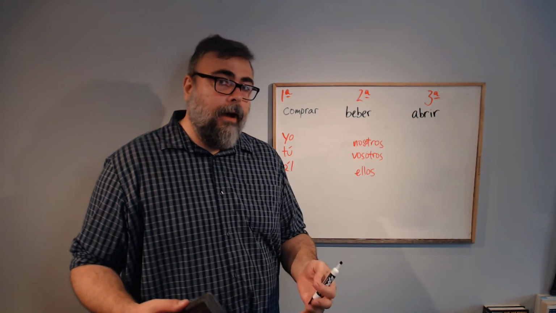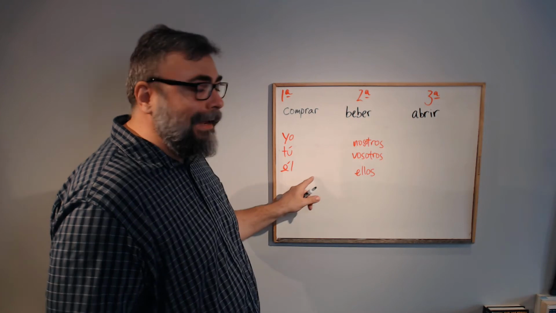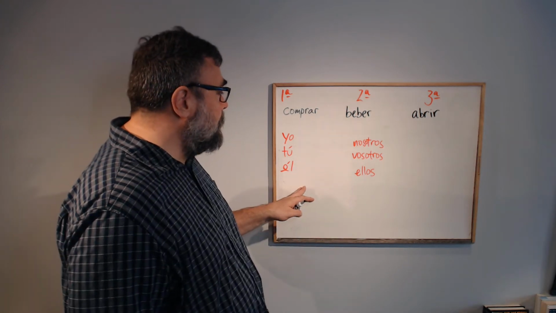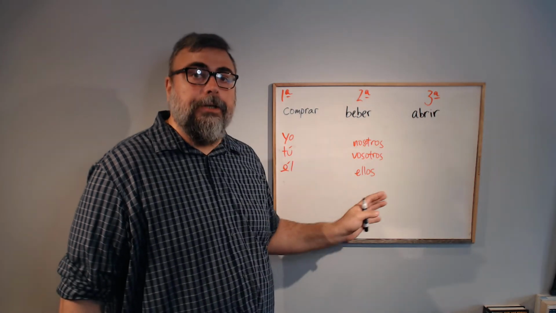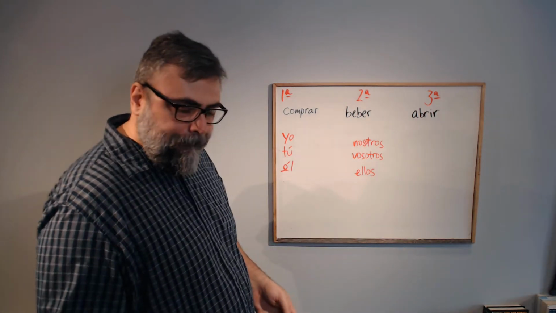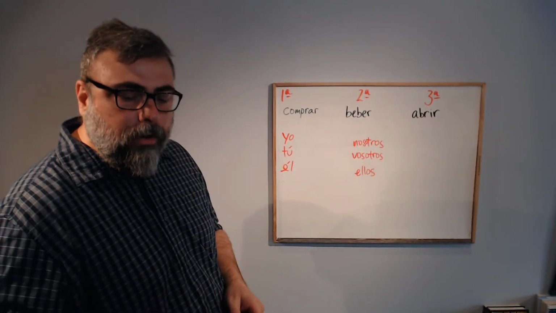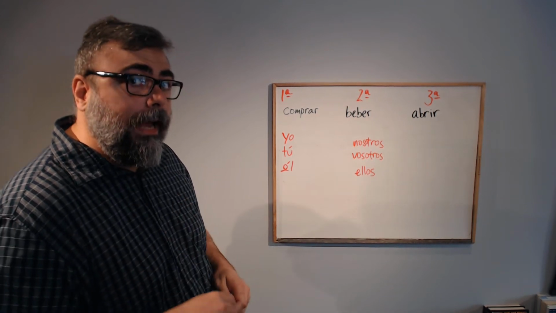Okay? Now, in English, there's only one change in the present. That's with he buys. Right? You can't say he buy. There's only one change. All of the endings are going to change for Spanish. Okay? So here we go. Comprar. The first thing we are going to do, this is why they're called AR verbs.